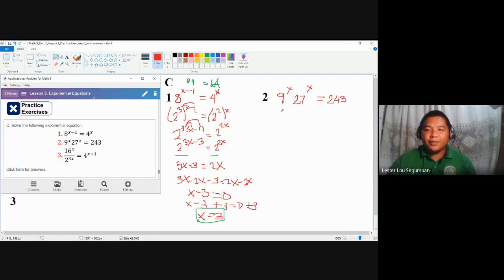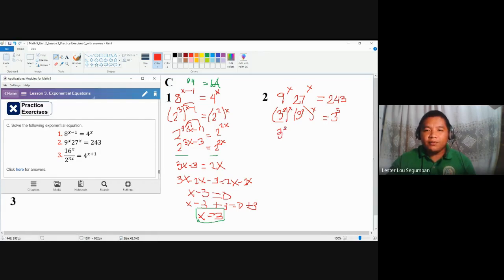So we could express 9 as 3 squared to the power of x, and then 27 as 3 cubed to the power of x, equal to 3 to the power of 5. Now, before we use the property of equivalent exponents, let us exhaust all power laws of exponents. Number one, power rule.